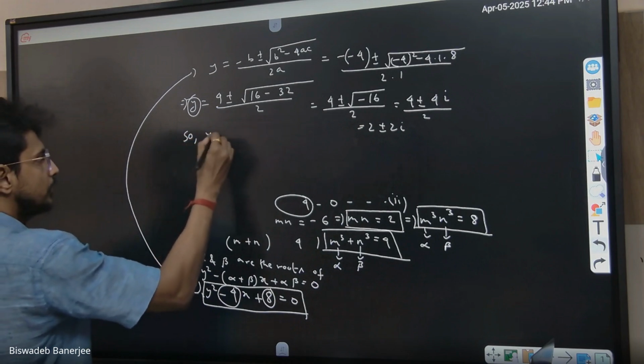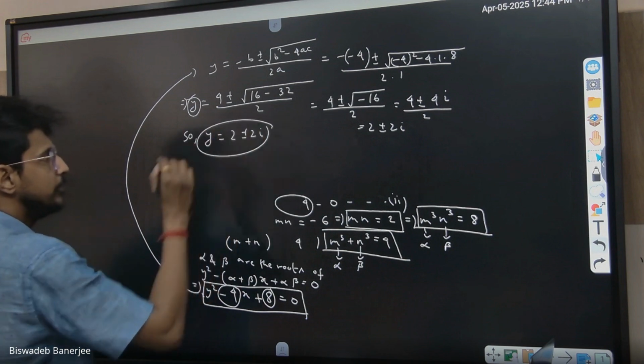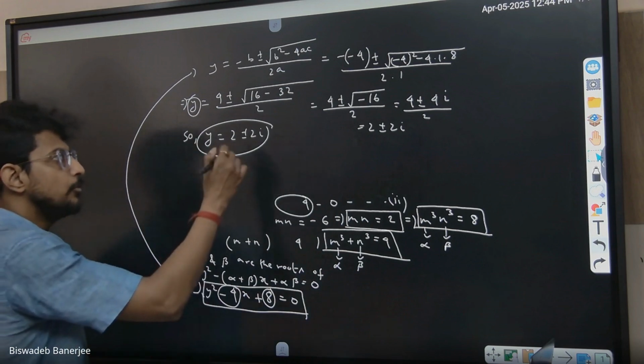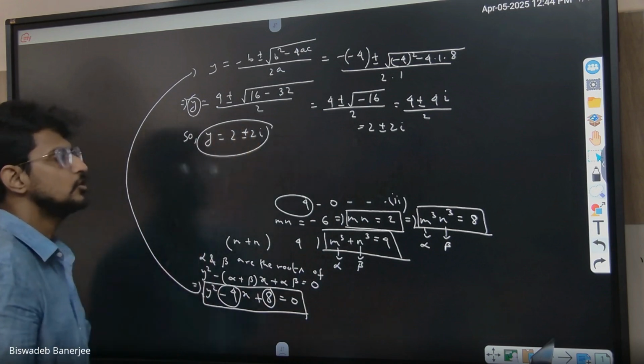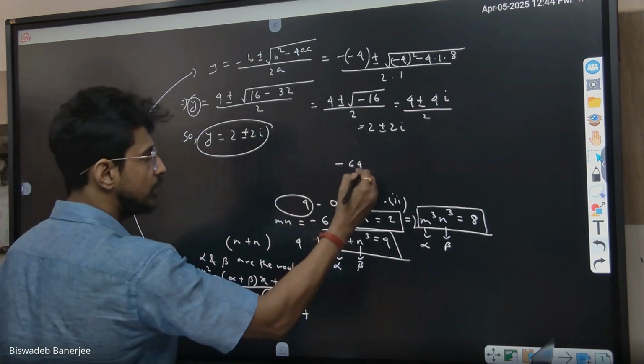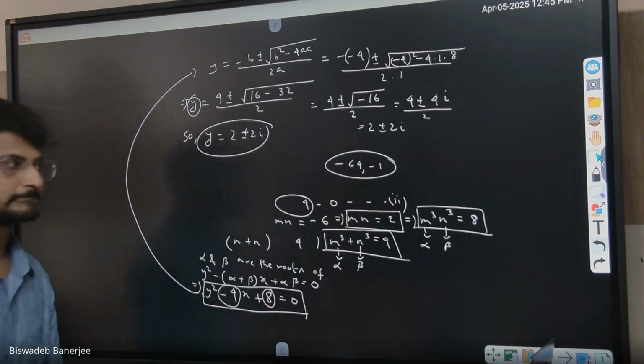So my values of y are 2 plus minus 2i. This is the main difference: in my previous question y was real, but now it becomes complex.